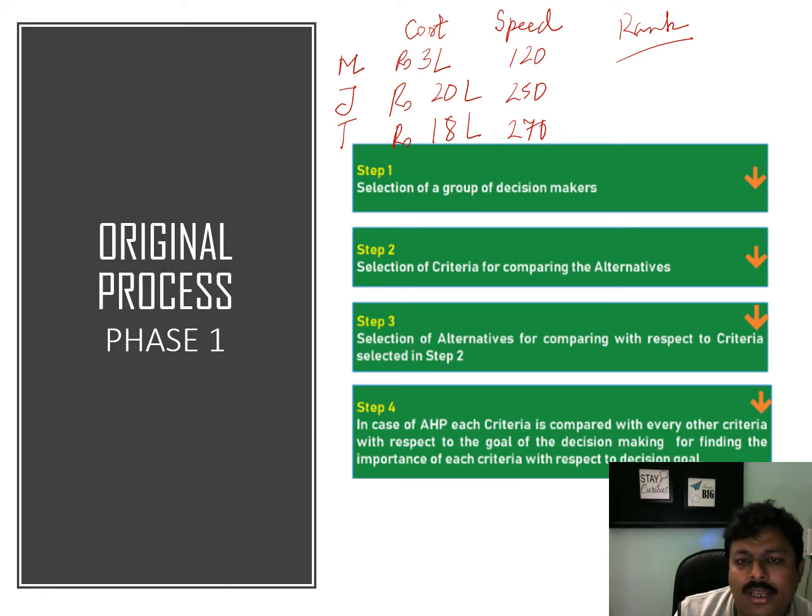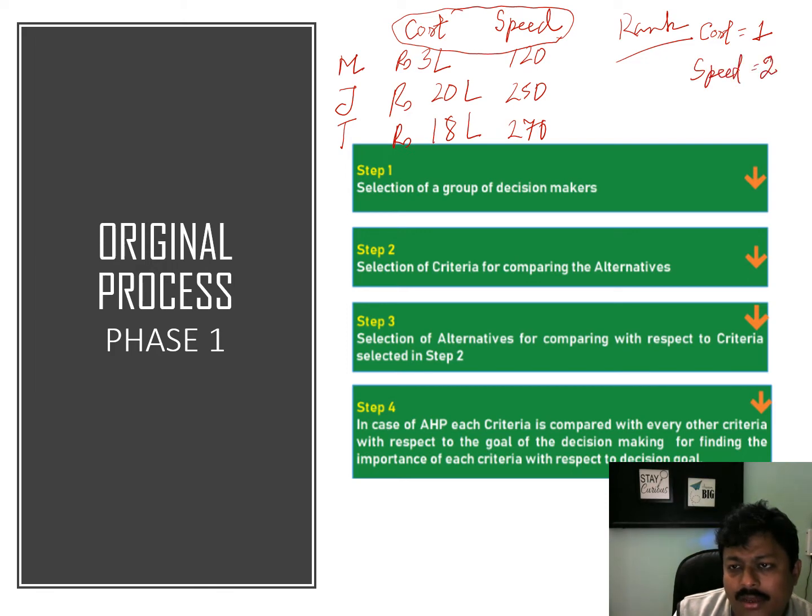Now, in case of AHP, the first step is to find the significance, or weightage of importance, of the criteria. Now, if with respect to me cost is more important than speed, then this will be your rank.